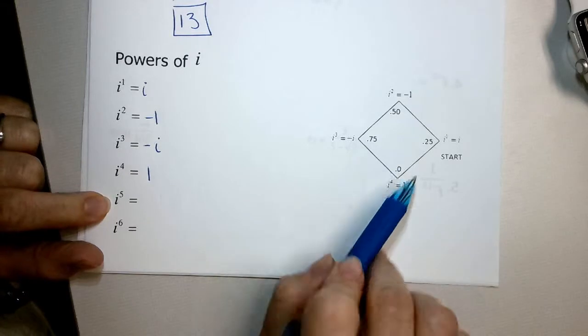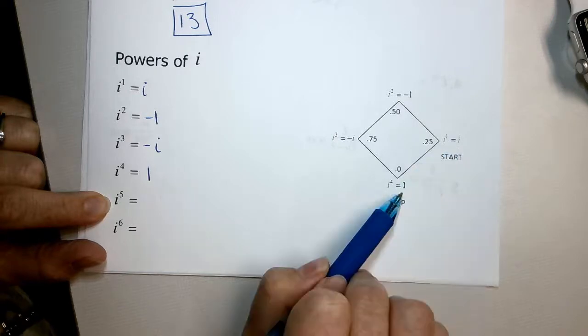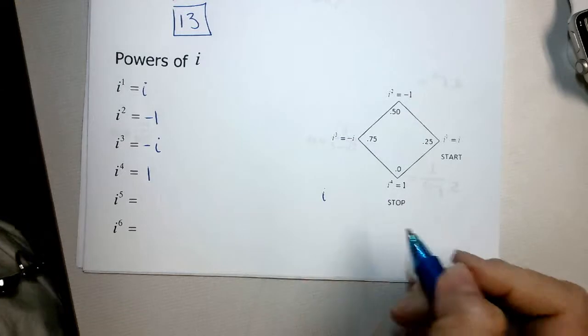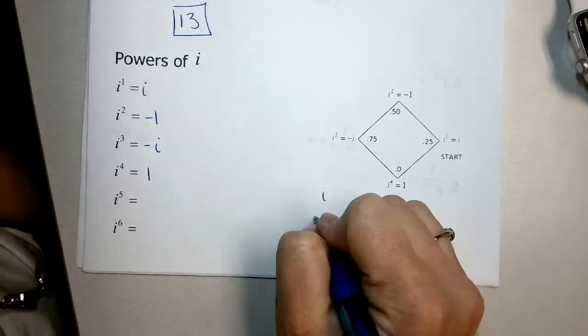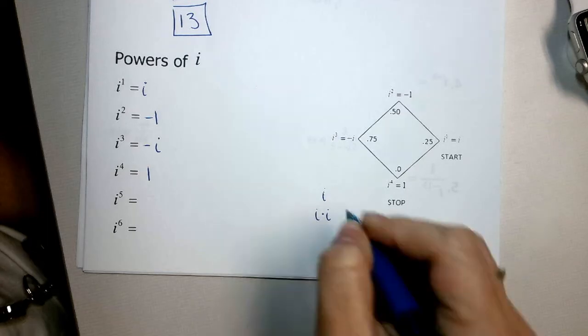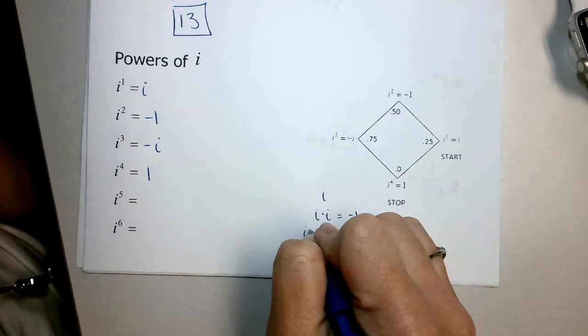Well, if I do 5, I come back around. Because think about it. If I do I by itself, it's just I, right? Well, then I do I times I. That's the same as I squared, which we've already talked about equals negative 1. Yes? But what if I do I times I times I?